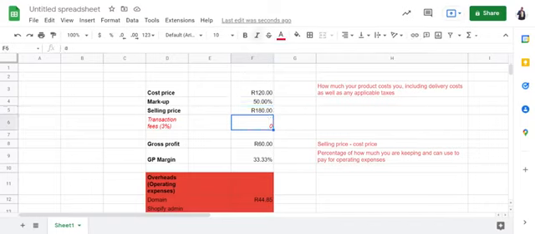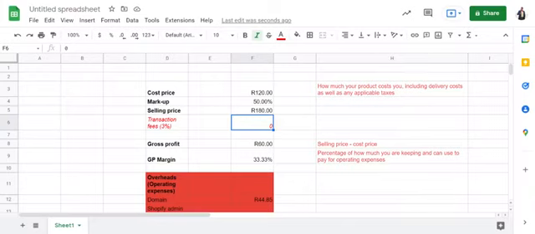And then now the transaction fees are part and parcel of the cost that you will need to be paying, because unless you're dealing face to face. But transaction fees come in when you are accepting payments through payment gateways.